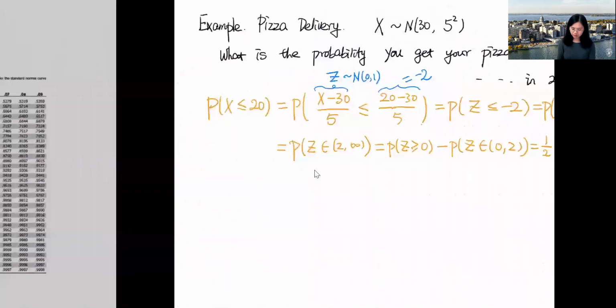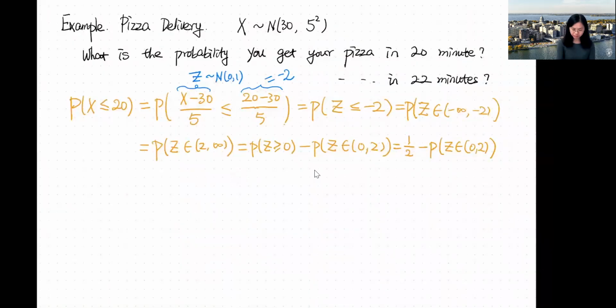So therefore, this is 0.5 minus 0.4772, and that equals 0.0228. And that is the probability that you get your pizza in 20 minutes. It's really not very high.